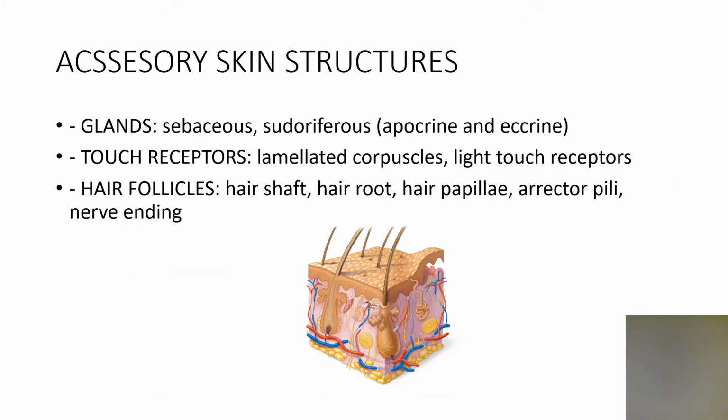As you study the chapter, make sure you can identify the variety of glands found in the skin and the touch receptors mentioned in the PowerPoints. Note that lamellated corpuscles are also called Pacinian corpuscles, and light touch receptors are also called Meissner's corpuscles.